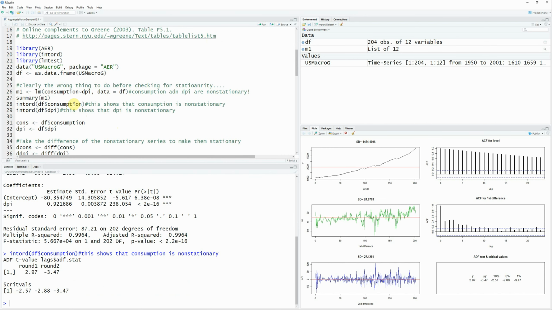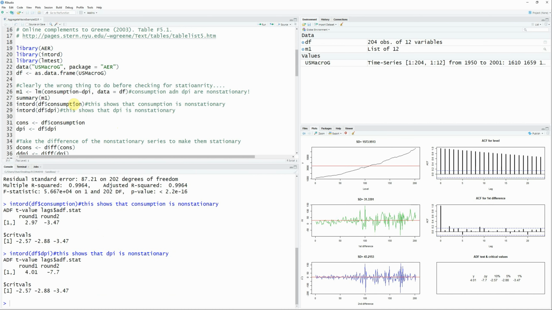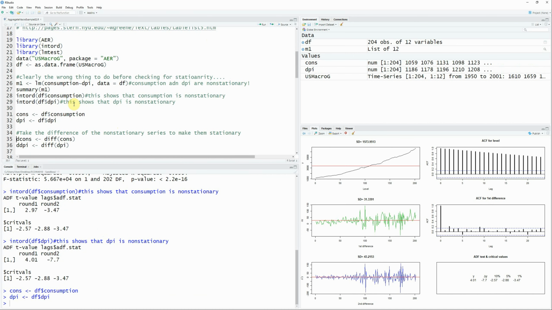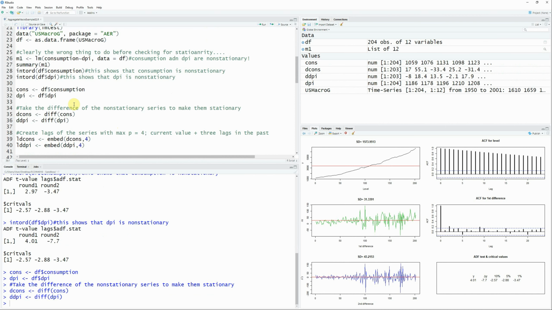Let's look at it. This is the plot for consumption, non-stationary. This is the plot for disposable personal income, non-stationary. So let's create these variables, cons and DPI, and then I take the difference of them because I want to fix the non-stationarity and make them stationary.